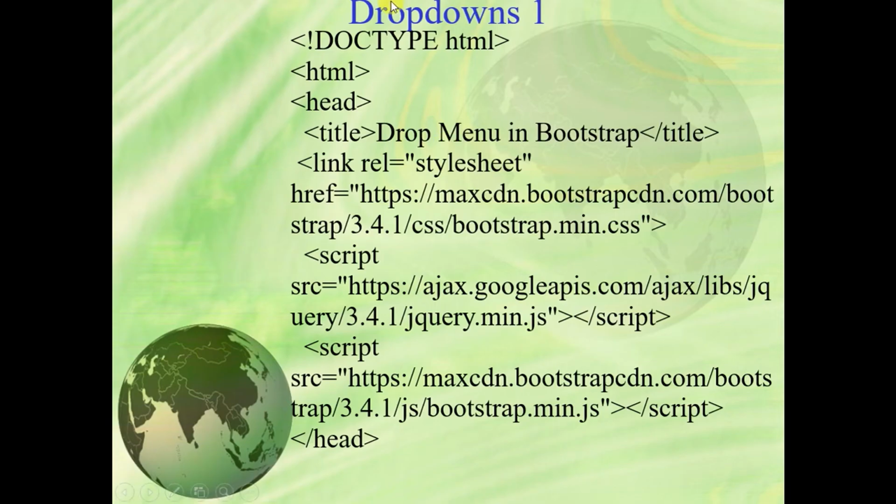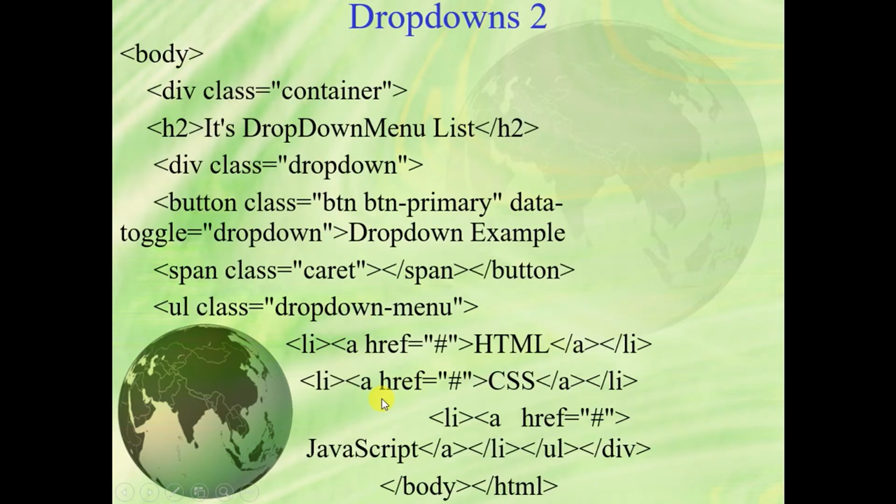This page I have done up to the add section. Just copy and paste the library. This is the second page. First we create a container. You can also give any paragraph. Div class is equal to drop down.